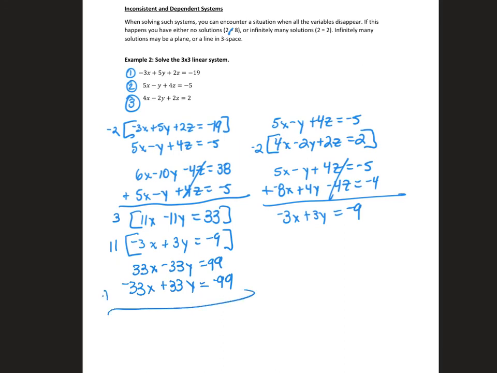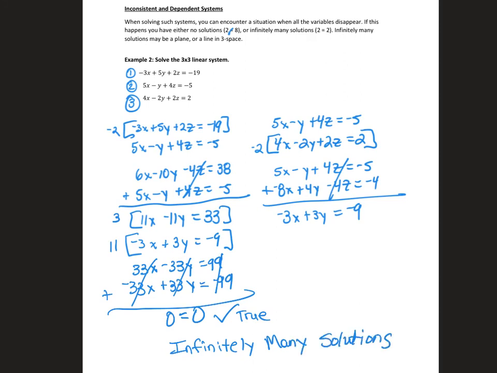And when I add these equations together, the x's cancel, the y's cancel, as well as 99 and -99. So you notice that the variables dropped out completely, but I'm left with a true statement. When that happens, that is your indicator that this is a special case of infinitely many solutions. That means no matter what I plug in for x, y, and z into that original 3 by 3 system, I'm always going to be reduced down to a true statement. So no matter what I plug in will work.